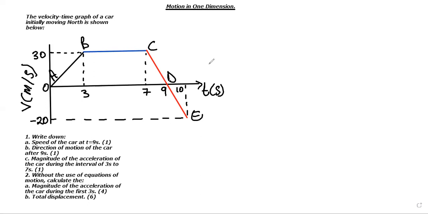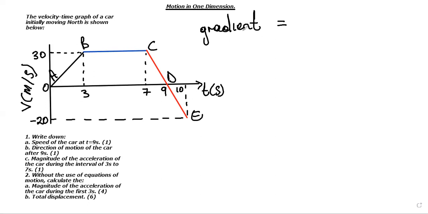Now it's time to get to the juicy questions. So here they say, without the use of equations of motion, firstly calculate the magnitude of the acceleration of the car during the first 3 seconds. So here you had to know that the gradient of a velocity time graph is actually the acceleration.